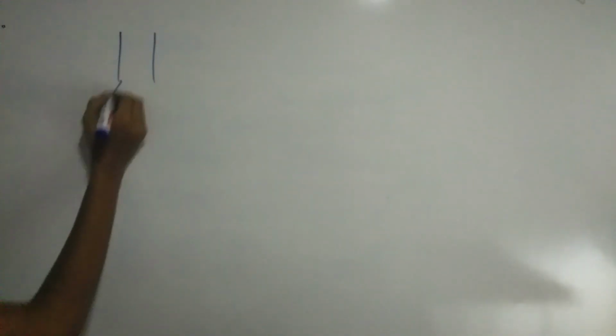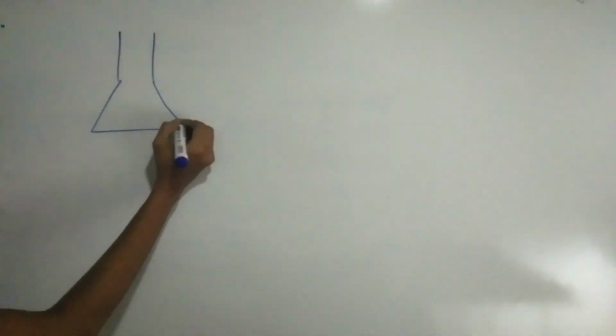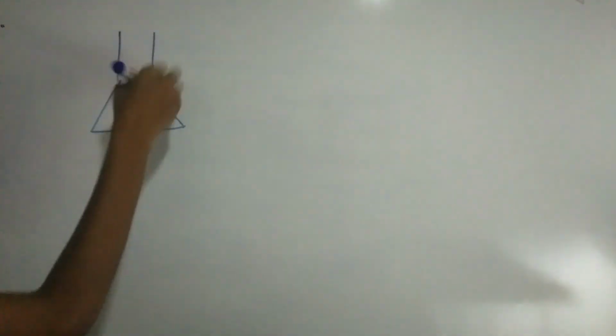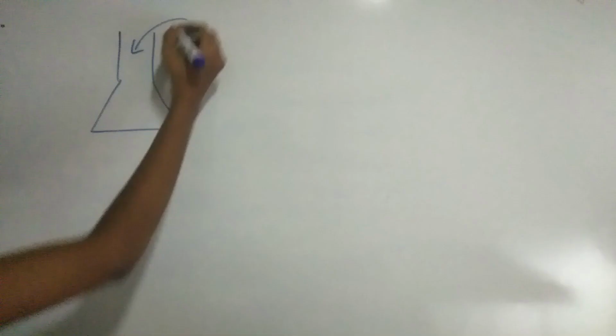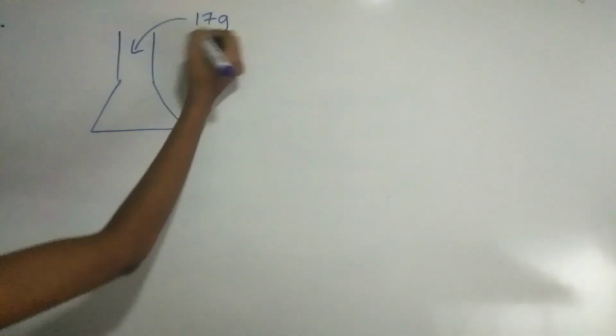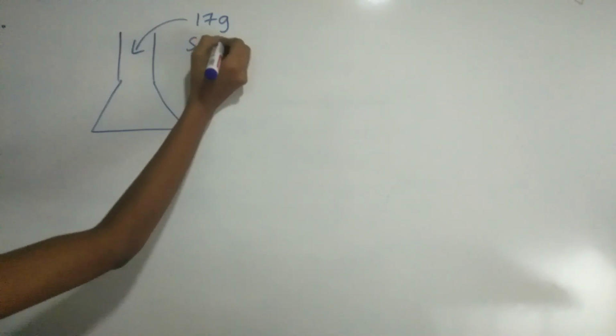Okay, now this solution is prepared by taking a volumetric flask of 200 cubic centimeters in volume, and they are adding 17 grams of sodium nitrate.